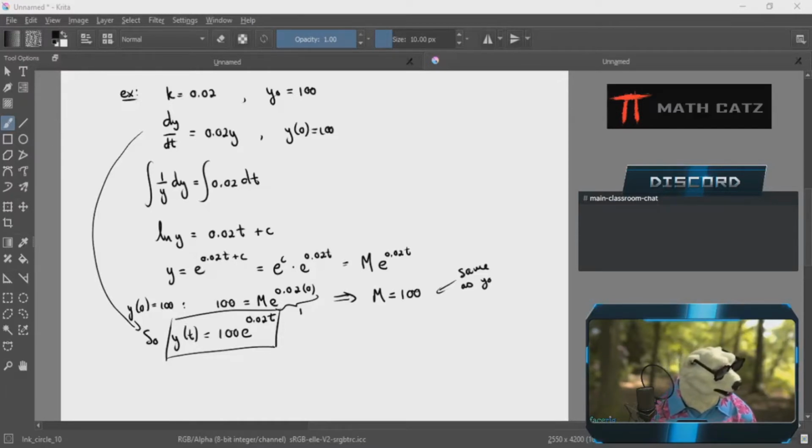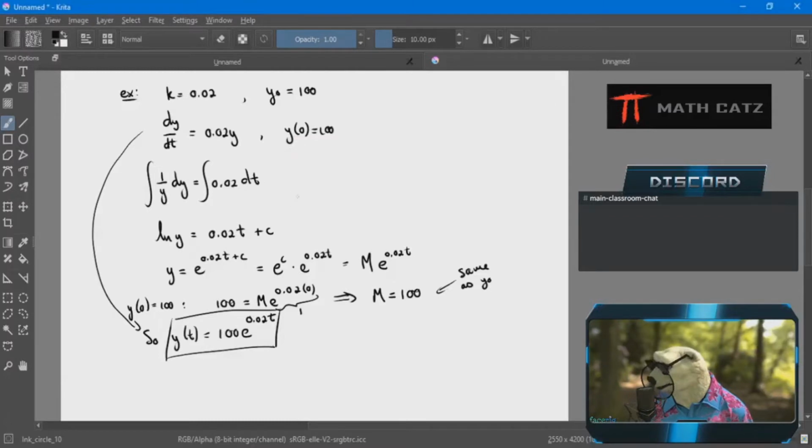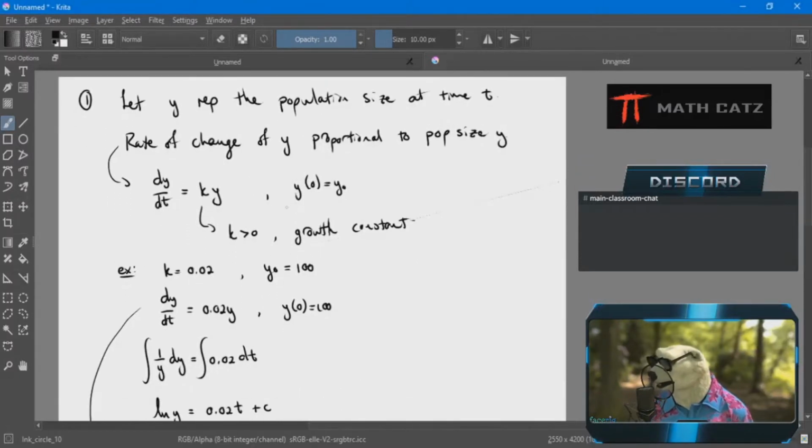And a variety of other questions. But they all come from that function, which in turn comes from the differential equation, which in turn comes from the fact that the growth rate is proportional to the population size at that time. And we've done a variety of problems on that kind of basic population growth.